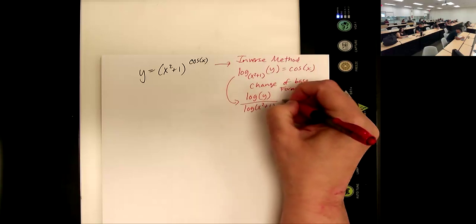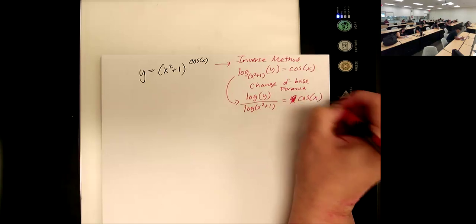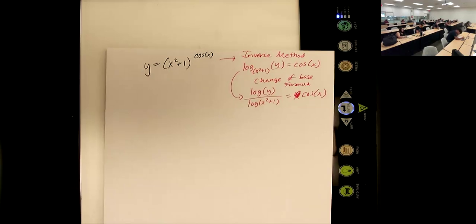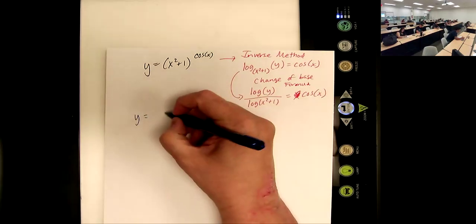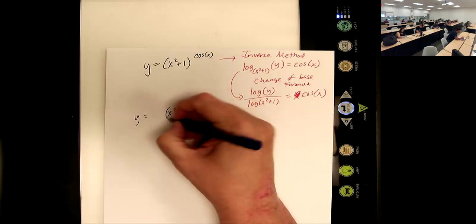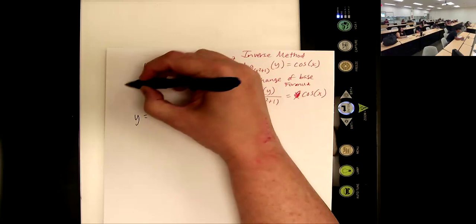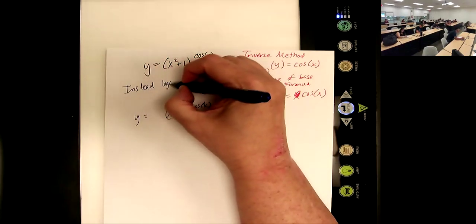Oop, not x, cosine x. But that's all messy still. Instead, let's look at logarithmic differentiation, which is easier to remember.